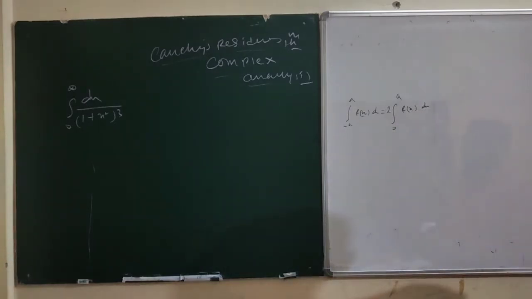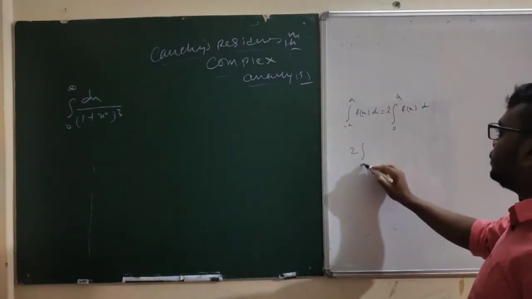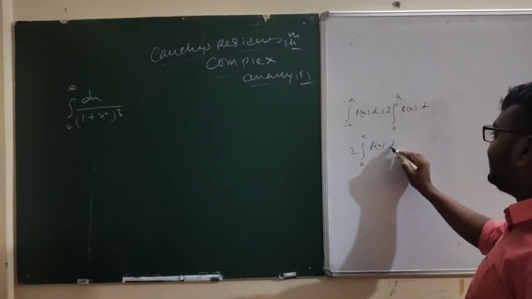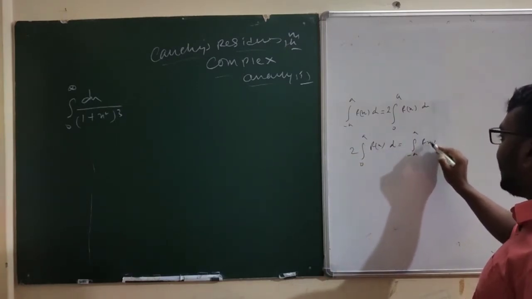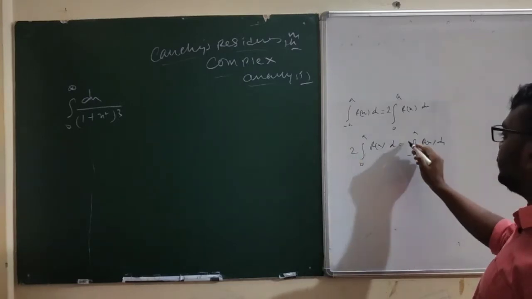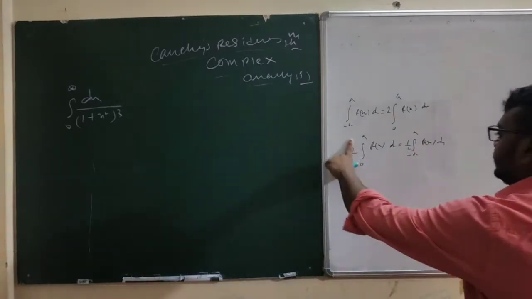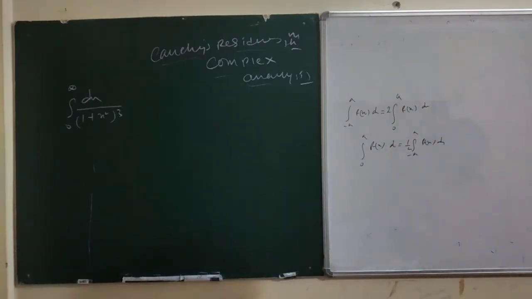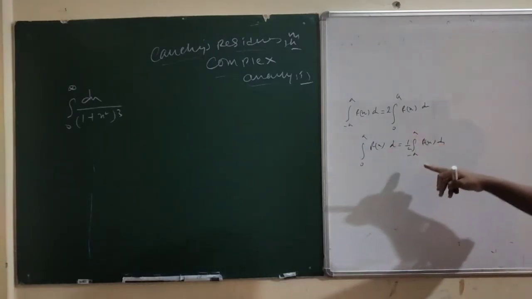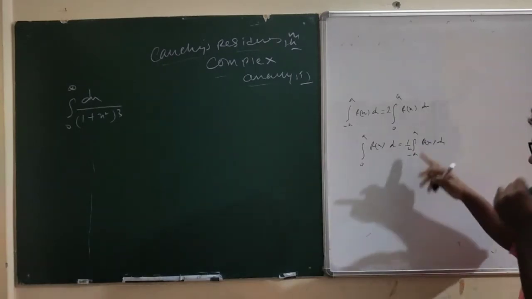So the integral from 0 to a of f of x dx equals half of the integral from minus a to a of f of x dx.